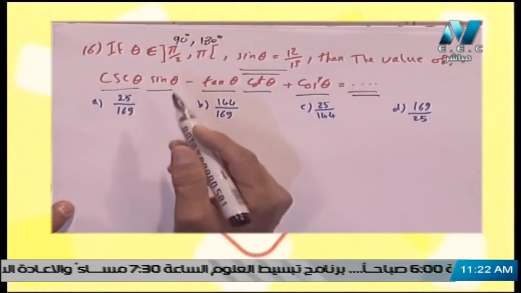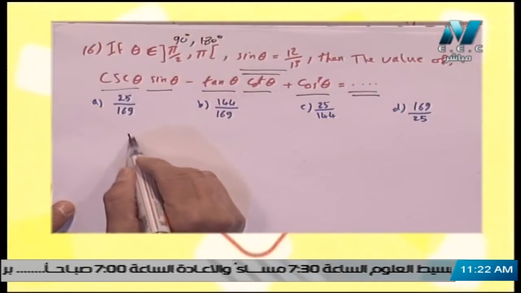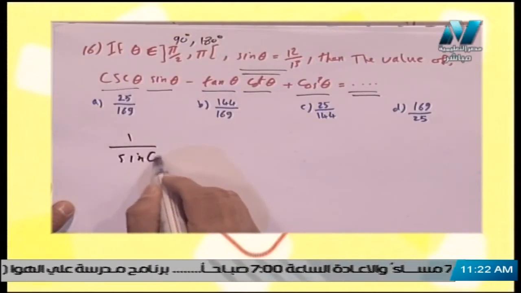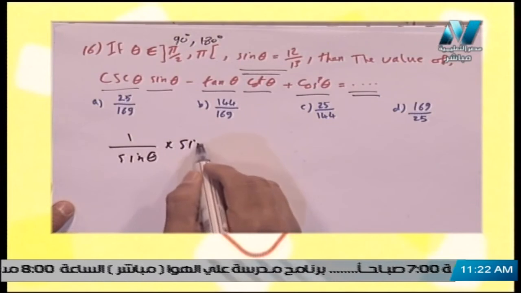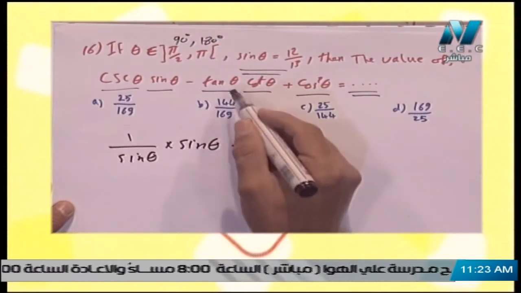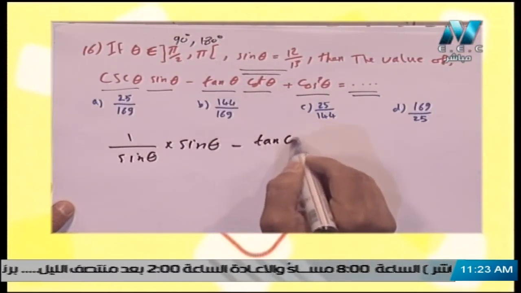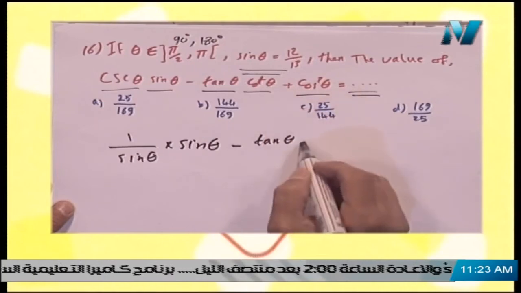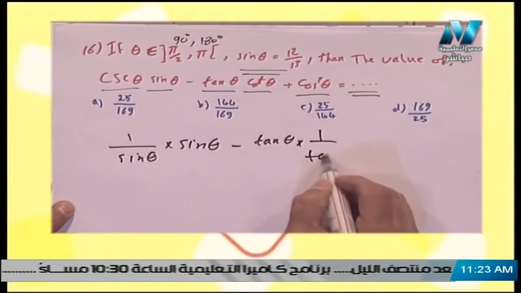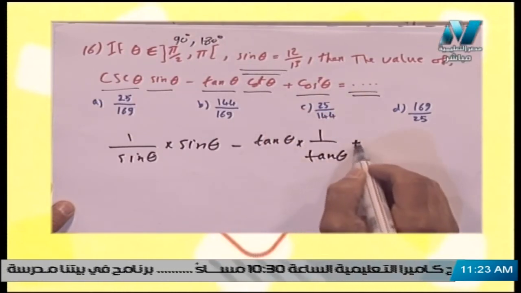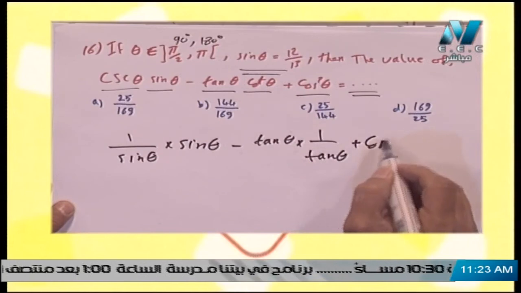If we have cosec here, cosec means 1 over sine theta, multiplied by sine theta, minus tan theta multiplied by cotan, which means 1 over tan theta, plus cosine power 2 theta.